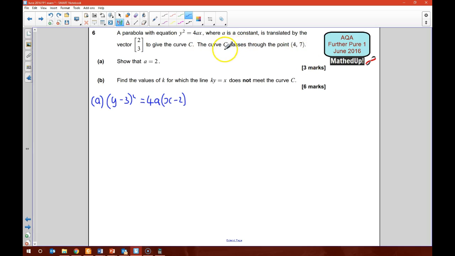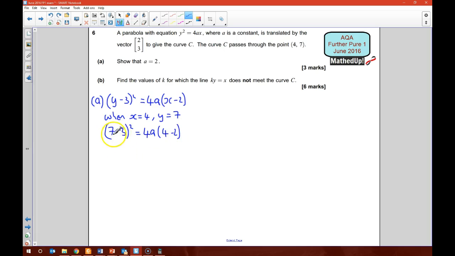Now, because we know that it passes through the point (4, 7), when x is equal to 4, y is equal to 7, I can substitute those values in to work out what a is. So we've got (7 take away 3) squared is equal to 4 times a times (4 take away 2).